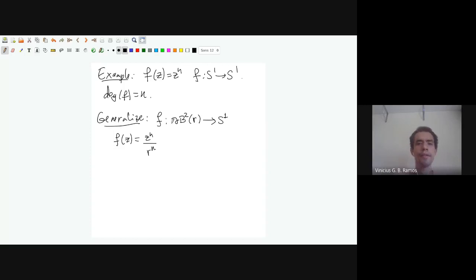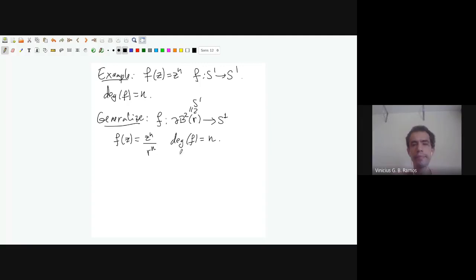Okay, so this is diffeomorphic to an S1. This is a very similar function, and it's pretty clear that this function also has degree n. Or if you wanted, you could just take this to have values on the circle of radius r to the n.